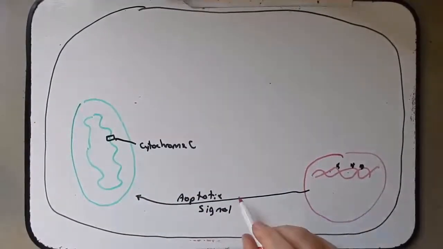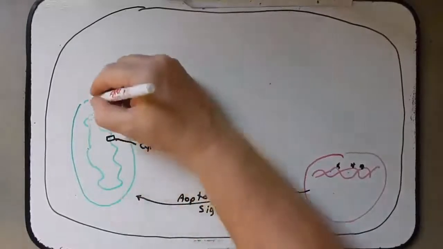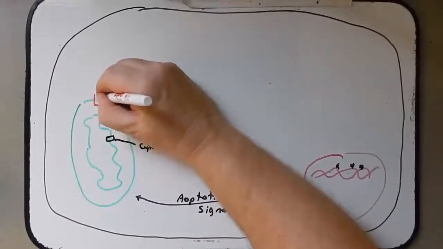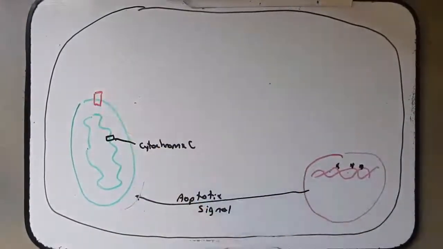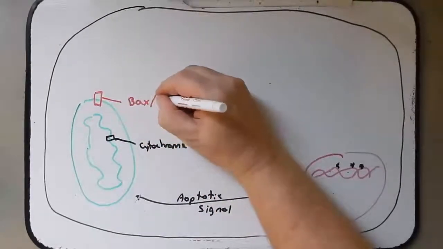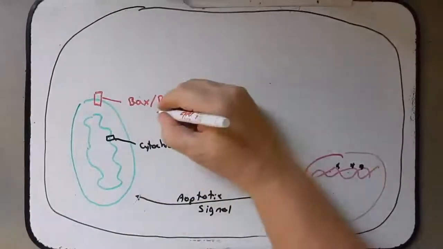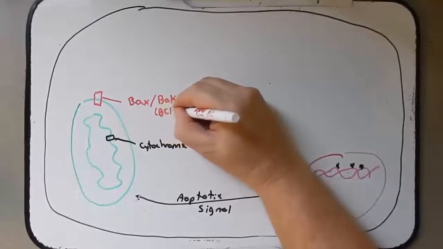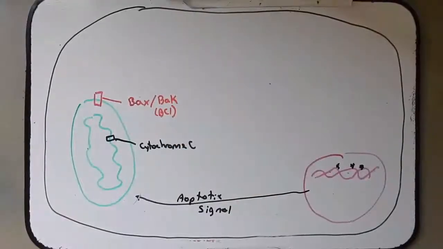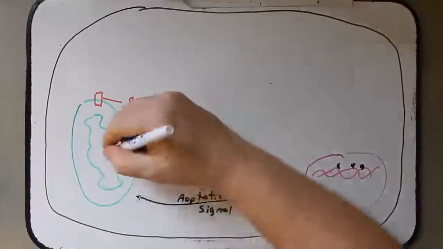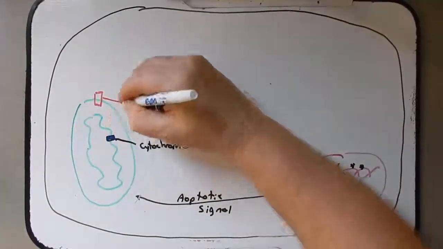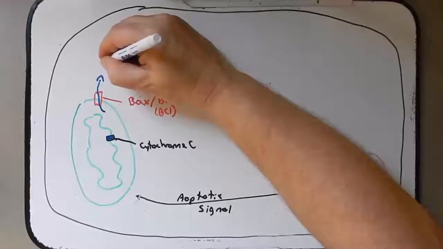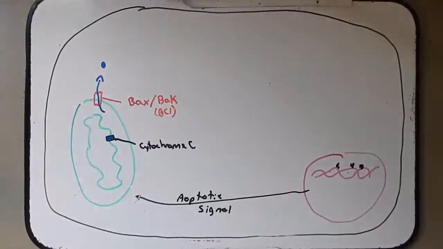But once this apoptotic signal is sent to the mitochondrion, there are these proteins on the outside of the mitochondrial membrane that are called BAX. These are members of that BCL family. When this apoptotic signal signals the mitochondrion, cytochrome C leaves. I'm going to color that blue just so we can follow through here. Cytochrome C is released from the mitochondrion.